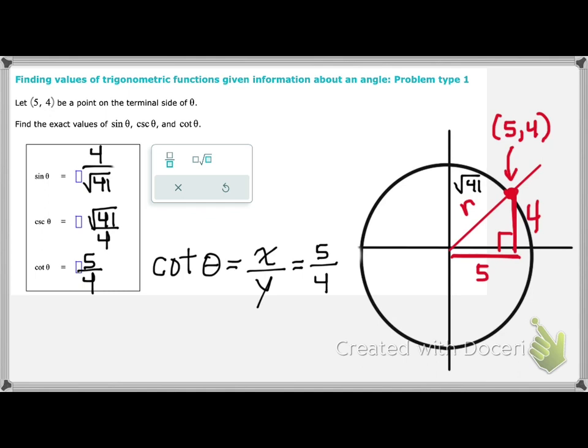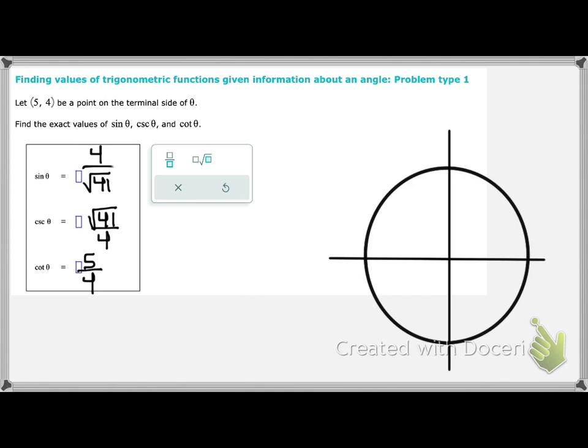So here we have an angle that we place on a trig circle that does not have a radius of 1. The way we identify what the radius is, we're always going to be able to use the Pythagorean theorem. I'll just show you one more thing.